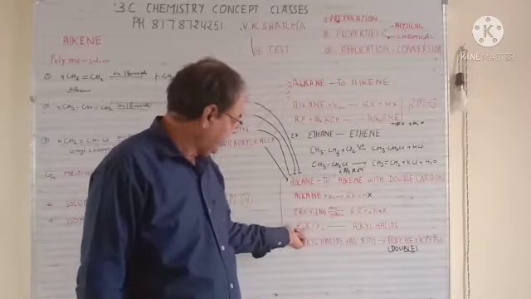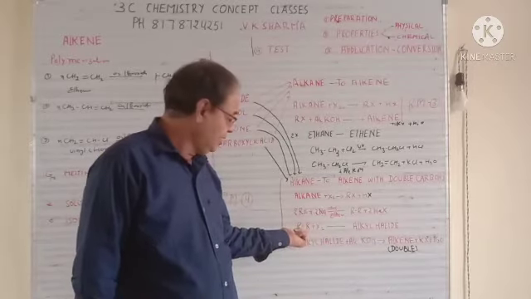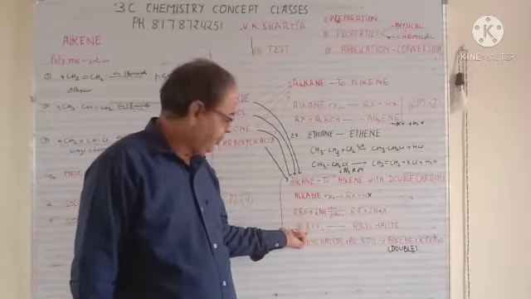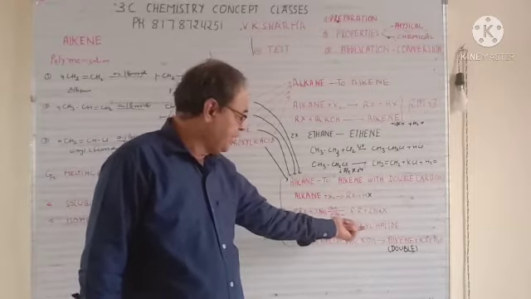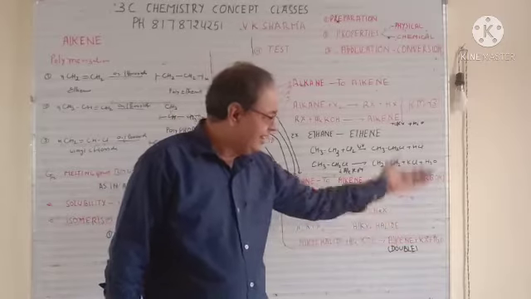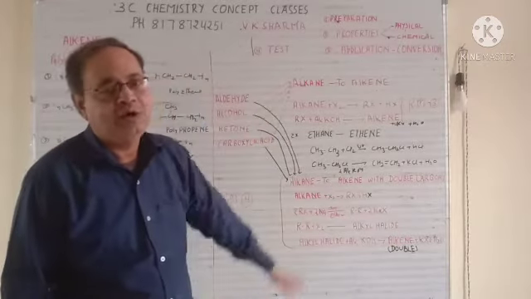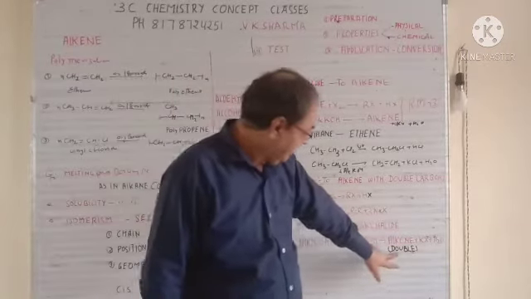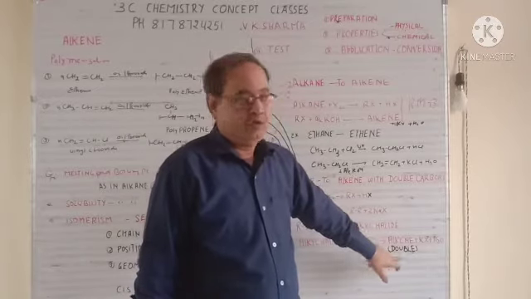Again take the alkane, this time with the double carbon, and it will give you a double-carbon alkyl halide. Then the alkyl halide reacts with alcoholic KOH, and you will get the alkene plus KX plus H2O, dehydrohalogenation. But this time you will get a double-carbon alkene. So this is your concept.